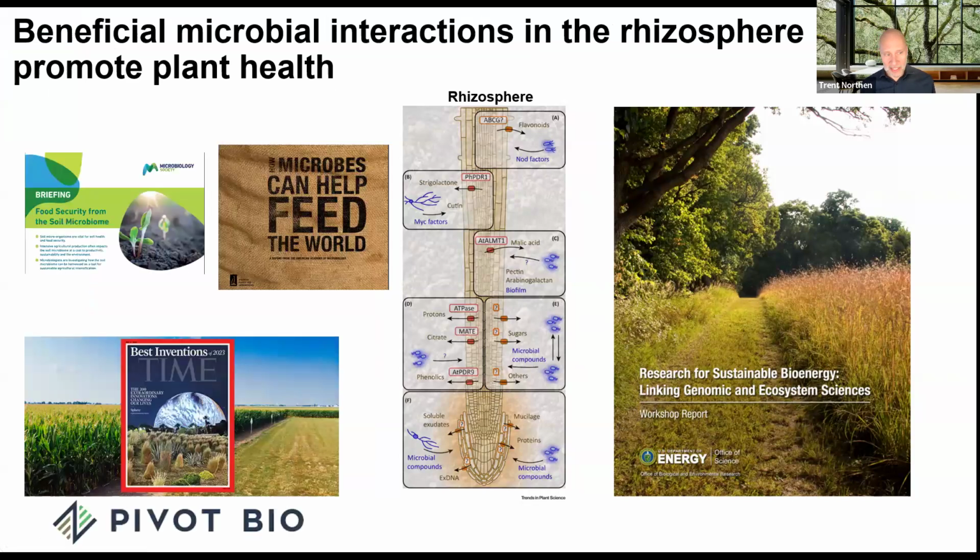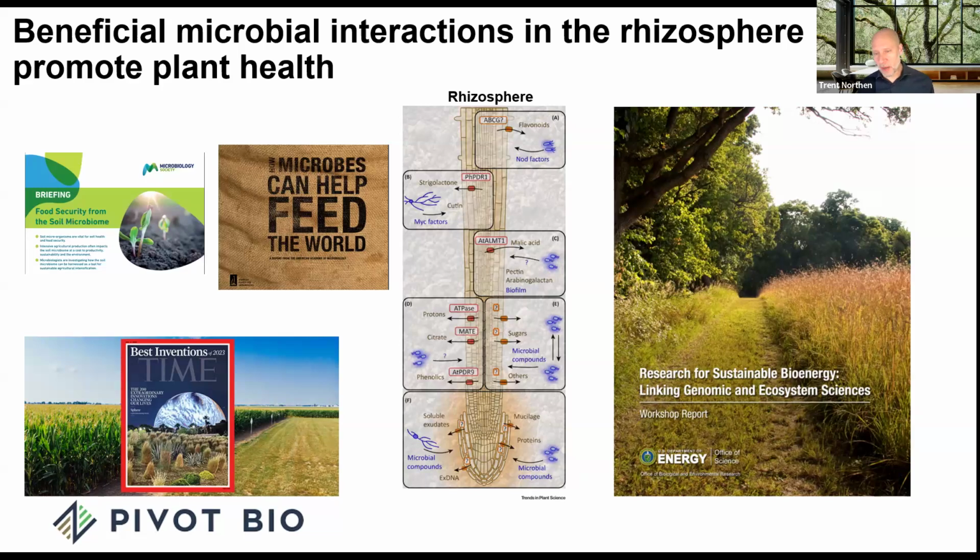So there's many countries and a lot of reports out there saying that if we want to achieve sustainable agriculture, we need to learn how to harness beneficial microbes. Plants evolved in the context of microbes. Microbes were here first, so plants have naturally evolved to benefit from microbes that do all kinds of different functions for them.